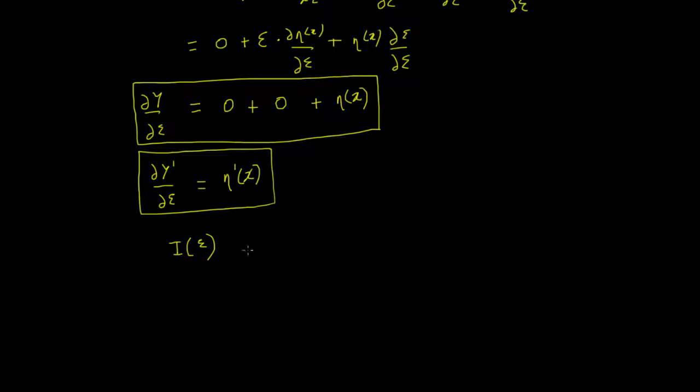Okay, so if I is a function of epsilon, then we could work out the differential dI by d epsilon at epsilon equals 0, and we can set that value to 0.